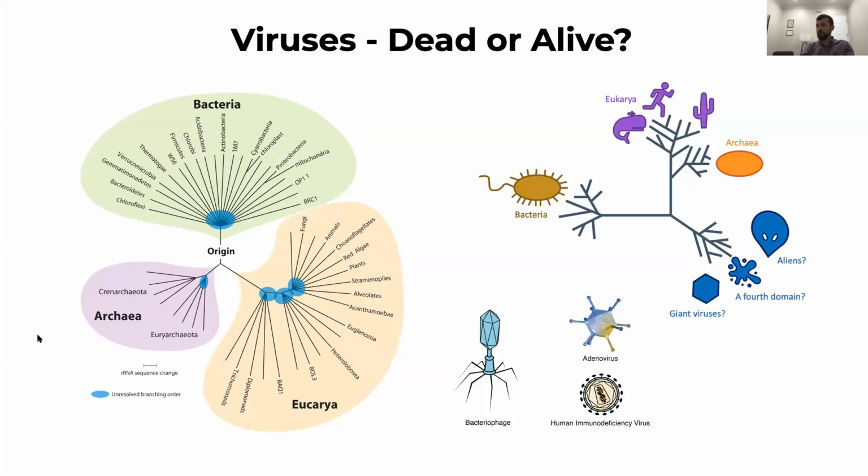And so here we can see a funny version of the tree of life where we have bacteria, eukarya, archaea, and then a 4th domain. Maybe it even includes aliens.